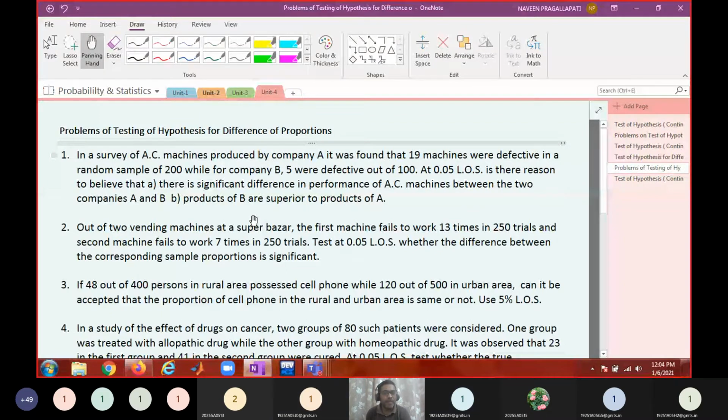So for B to produce fewer defectives, A has to produce more defectives.